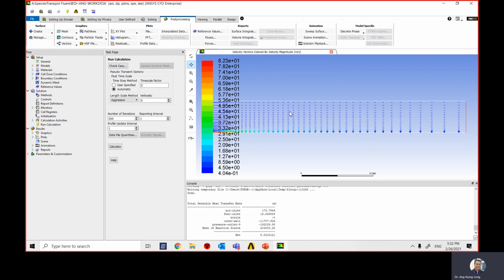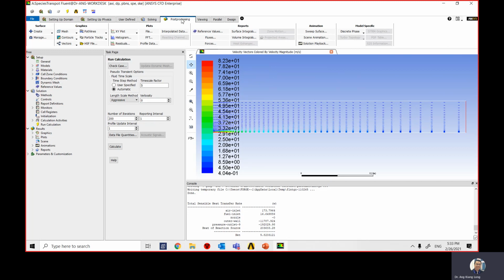The next one we're going to look at is our stream function. Stream function is also important when you study fluid mechanics. So how do you project the contour of stream function?